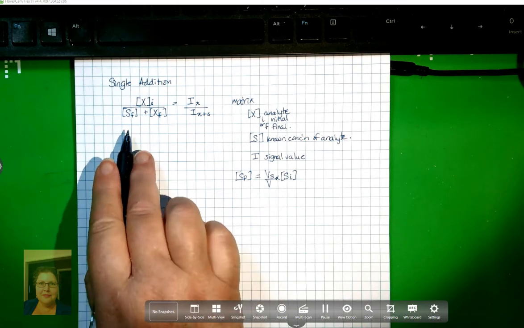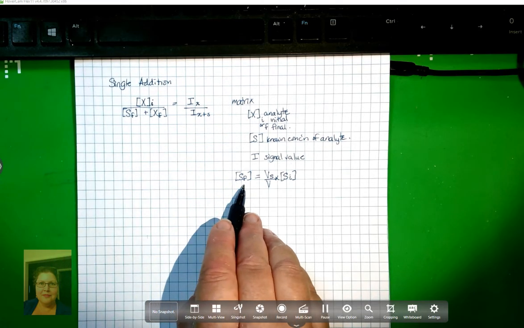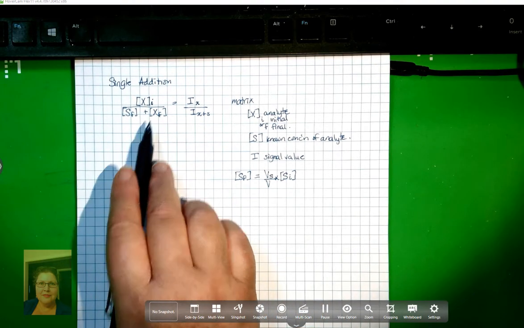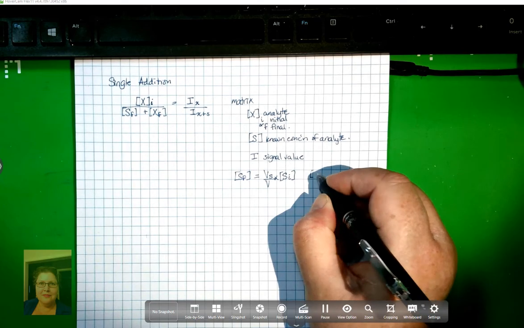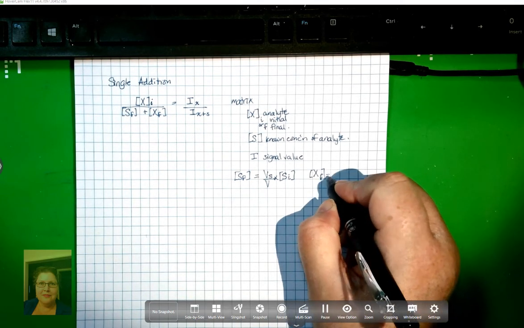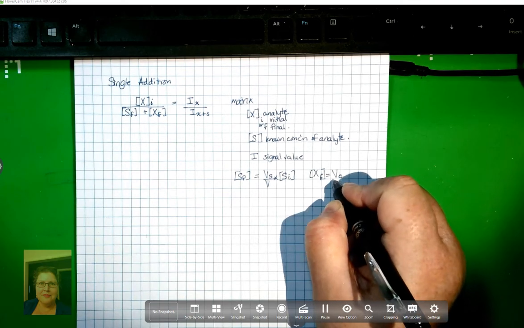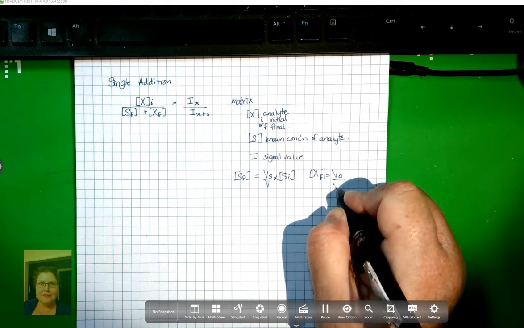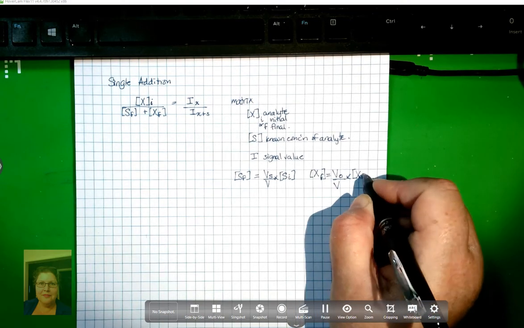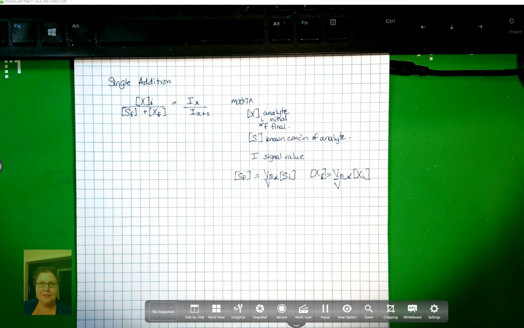So because we mixed volumes, we've diluted our standard. But we've also diluted our unknown. So we could also say that the concentration final for our unknown is the volume original of our unknown compared to the volume total times the original or initial concentration of our unknown.